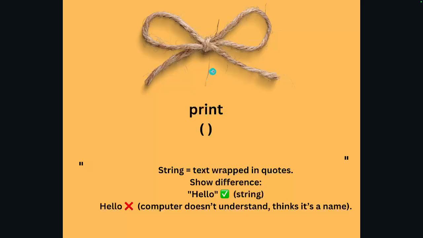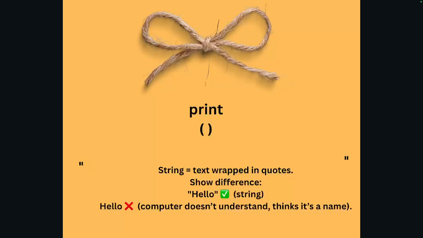Now you might think, what is a string? A string is a text which is wrapped in quotes. Like hello is a text. Now if you put it in quotes, whenever you talk to anyone, there is some specific language. If you're talking in Hindi or in English, there are language rules.